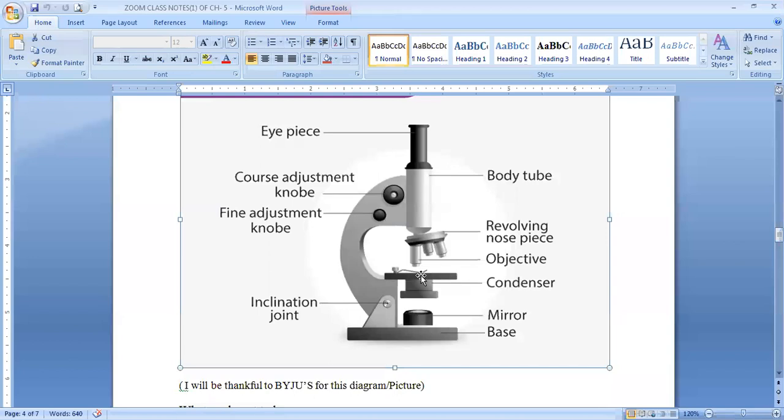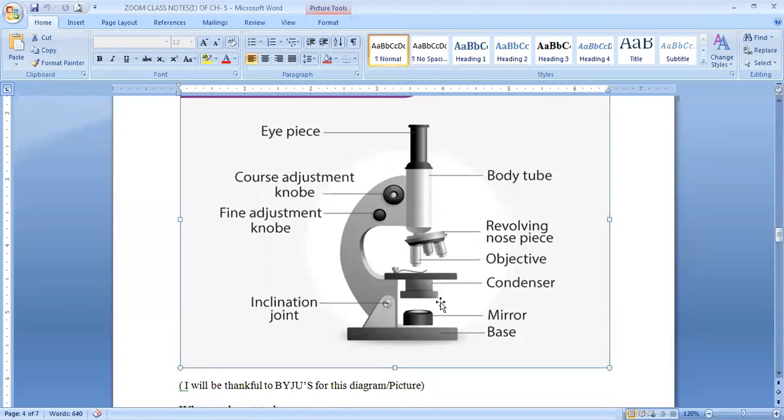Here I want to clarify that a specimen is anything which you are observing under a microscope. Whatever thing you are observing under a microscope, you will put it on the slide. How to prepare the slide will be a different topic, right? So now it is known as a specimen, right?